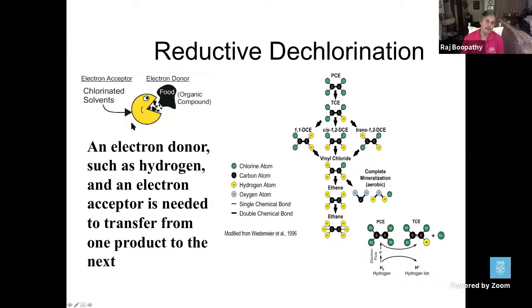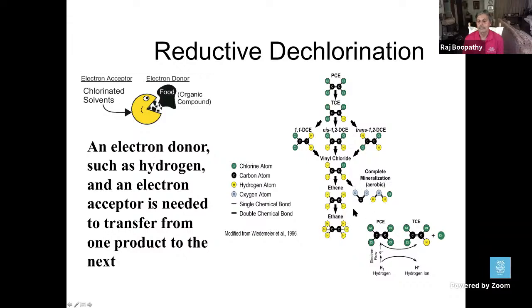Here is your microorganism. The chlorinated solvent itself is the electron acceptor. You give an electron donor, so it's going to consume it, and then you replace this chlorine with hydrogen. So here's PCE. You can see one chlorine at a time is replaced, and this is called the reductive dechlorination process.